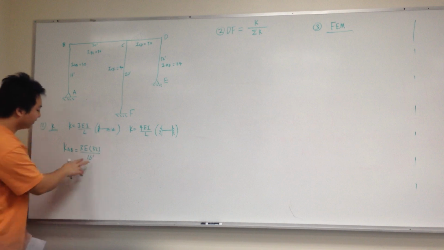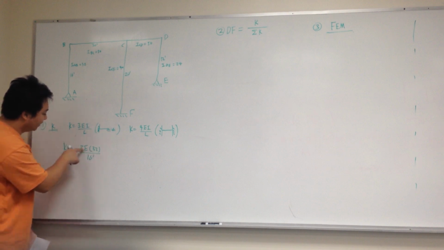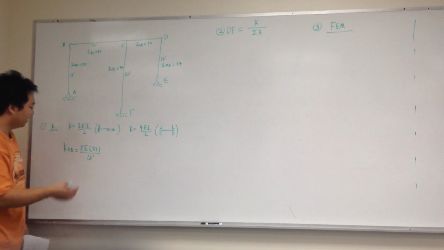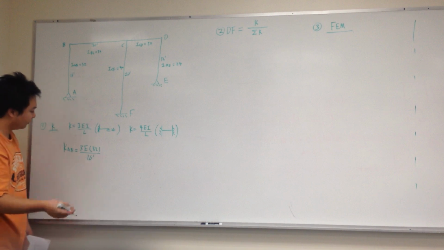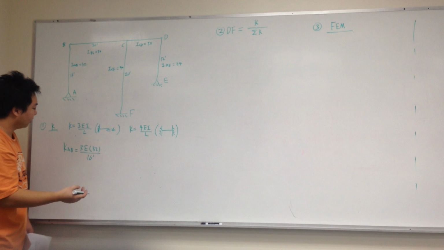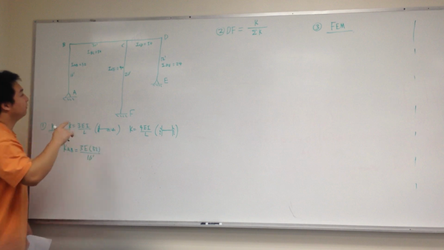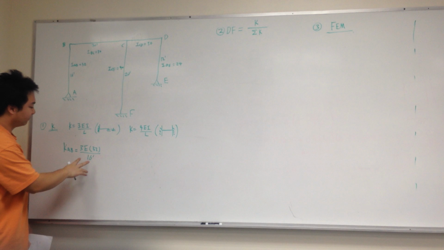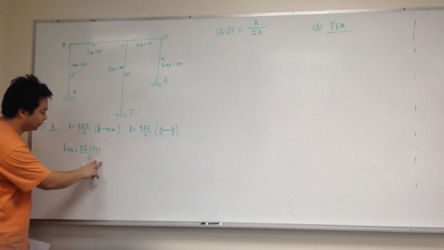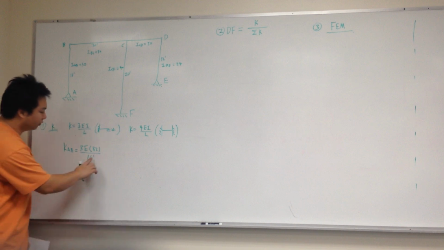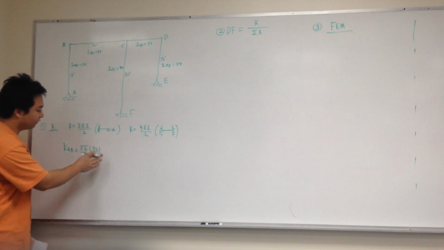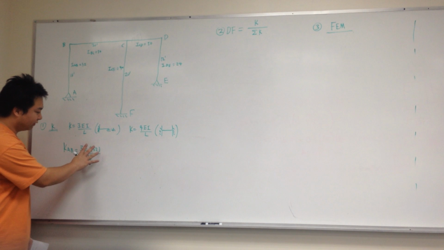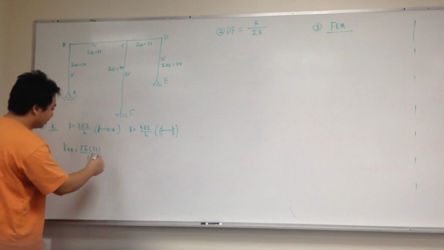For this one, E is in PSI and the length is in feet, so you would have to convert units, but since you're going to cancel out the numbers, there's no point in doing that. Just leave it like that. Feet is okay. You don't have to do the conversion.